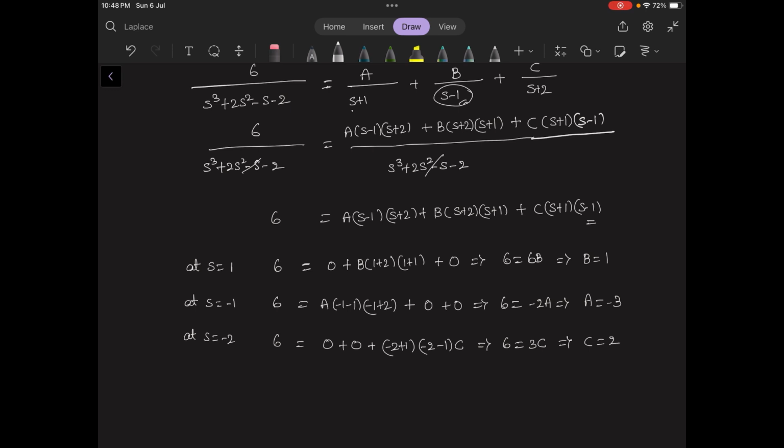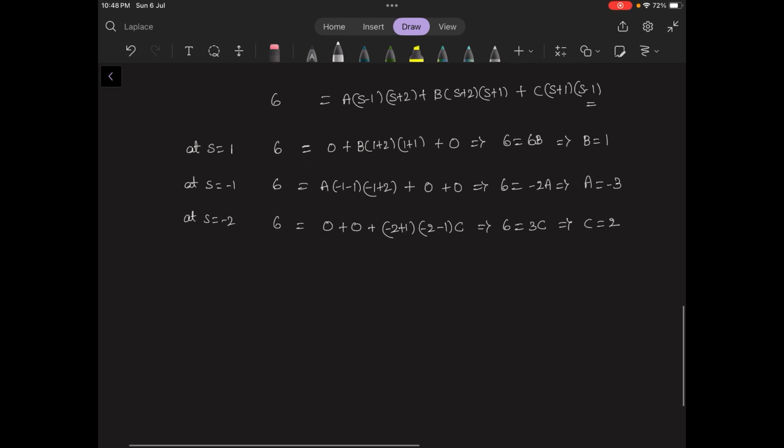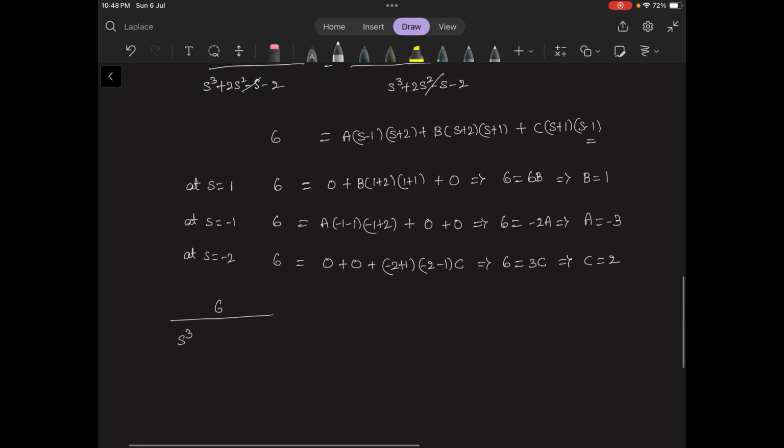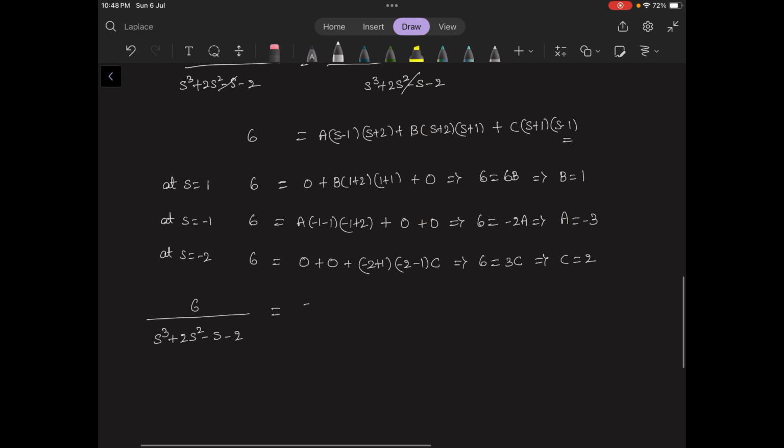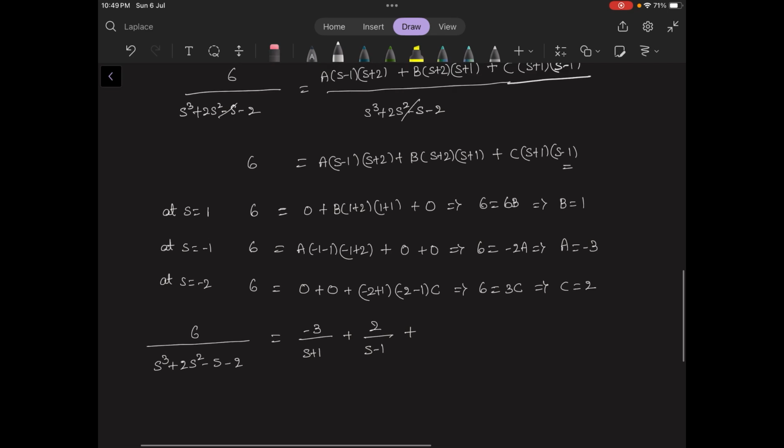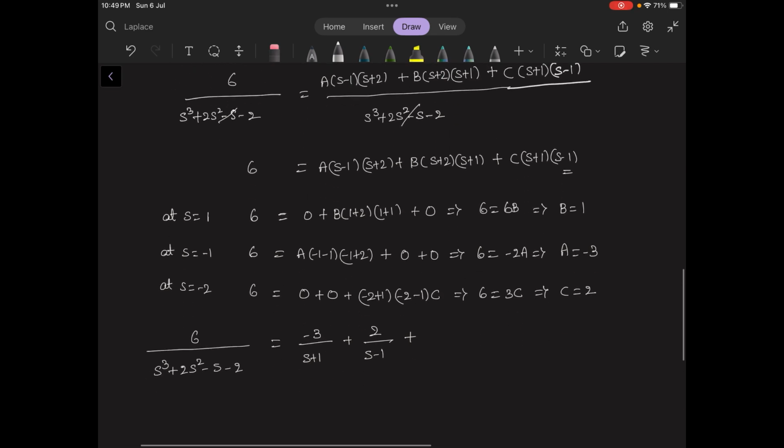So we got the a value, b value and c value. Now I am going to substitute in this. So 6 divided by s cube plus 2s square minus s minus 2 is equal to minus 3 divided by s plus 1, plus 2 divided by s minus 1, plus, sorry, the b value we got is 1.